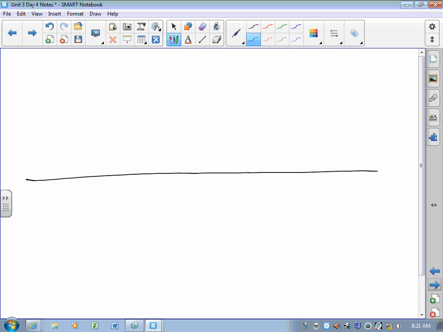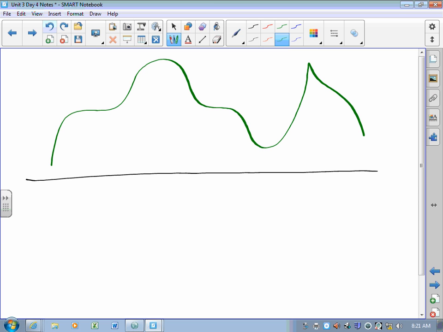So what I'd like to do is draw a function for you. This function looks like, that's flat, that's flat, that's flat, that's flat, like so.